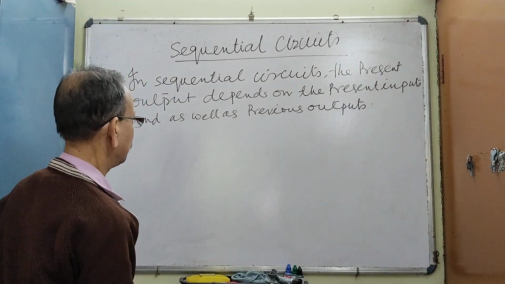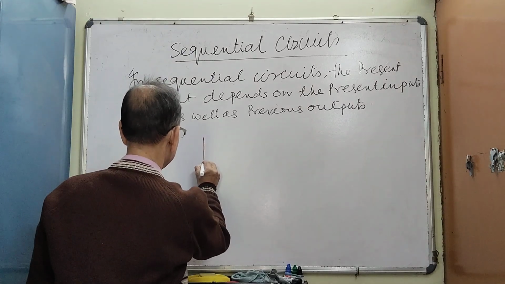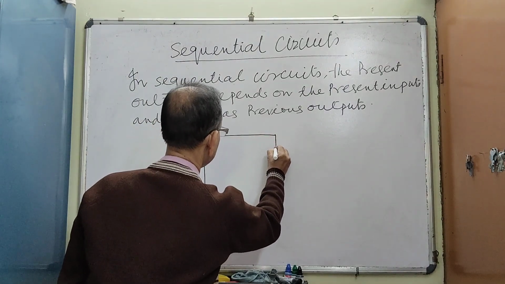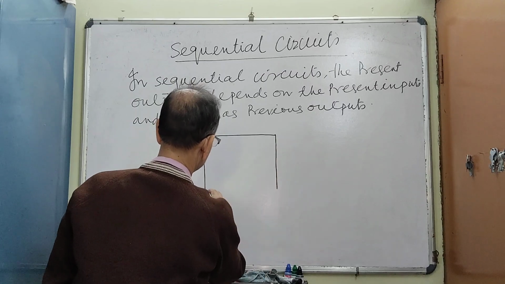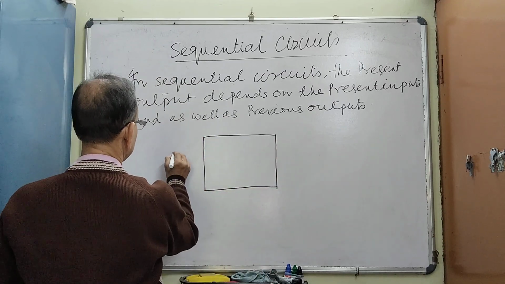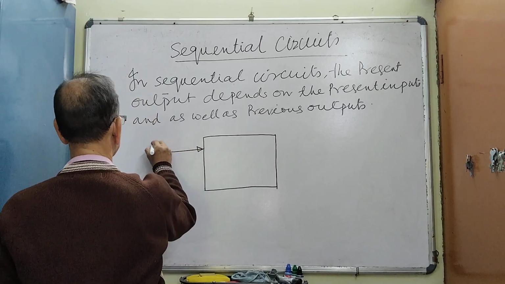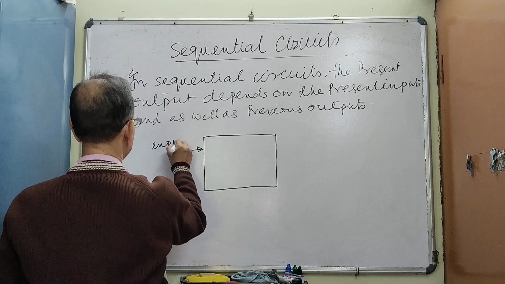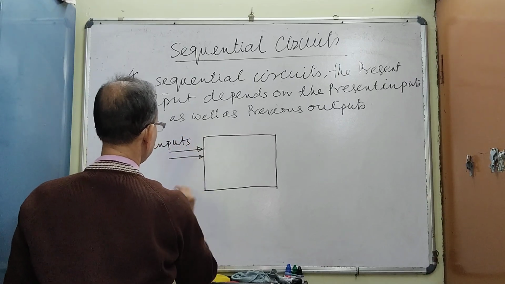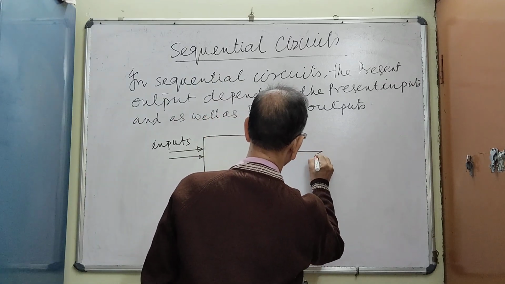Now check the circuit. Here are the inputs, any number of inputs, input 1, input 2, and an output.